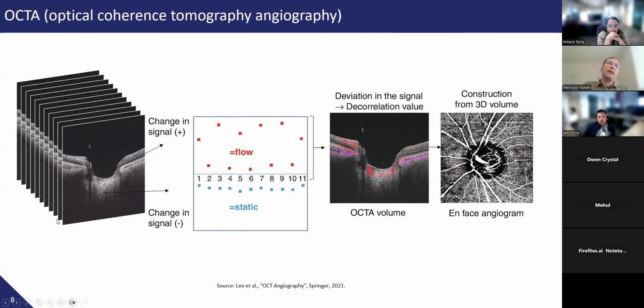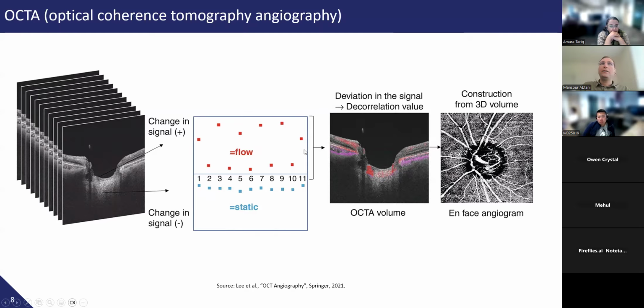scanning several times at the same location, we can see that in some areas, the variation in the signal is very, very low and the signal is very constant. But in some areas where we have flow, there are a lot of fluctuations in the signal.